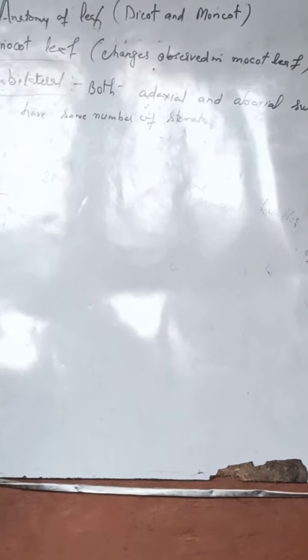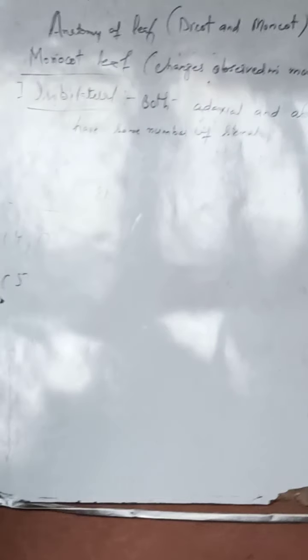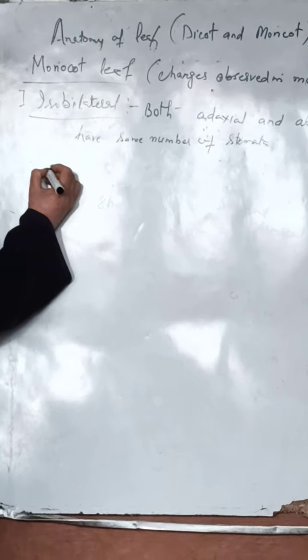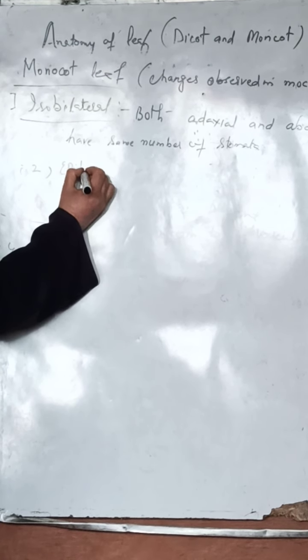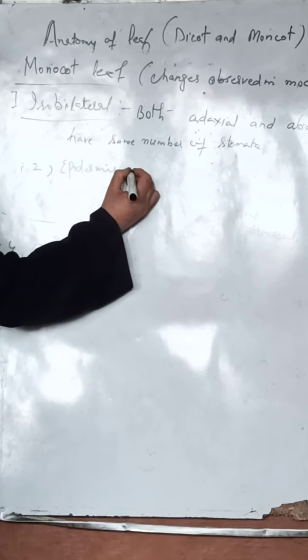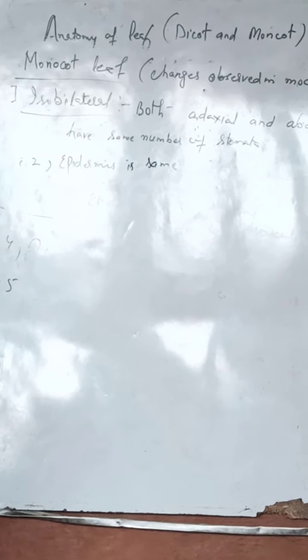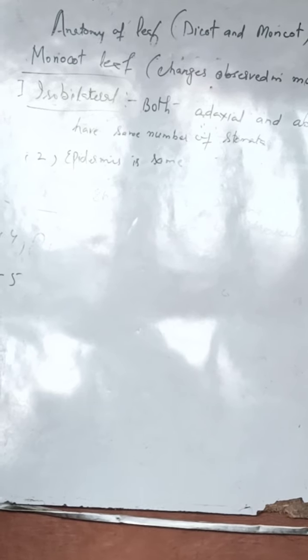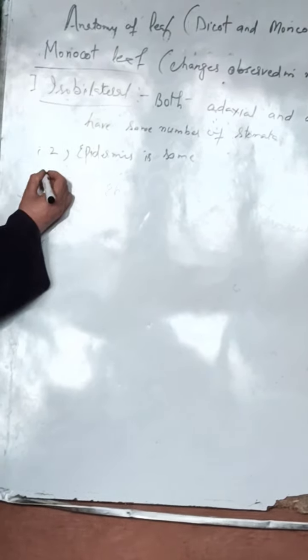And then there is another feature of monocot leaf. That means that epidermis is same. Then there is third feature that mesophyll cells are not differentiated.